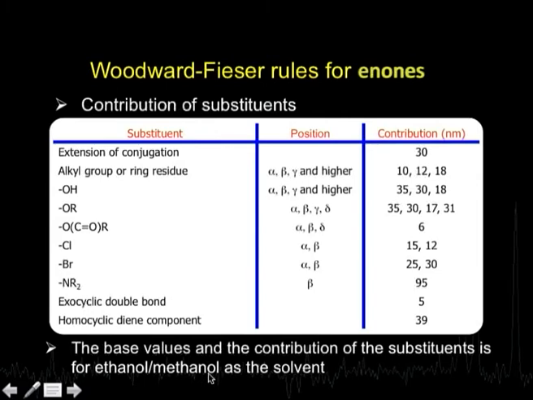Because as you remember, these rules are very empirical, and the rationale is that Woodward and Fieser studied the UV spectrum of a wide variety of molecules, and from there they empirically worked out the contribution of a base chromophore and the contribution of different substituents, and most of the data was in alcoholic solvents. So all these values pertain to ethanol as a solvent.